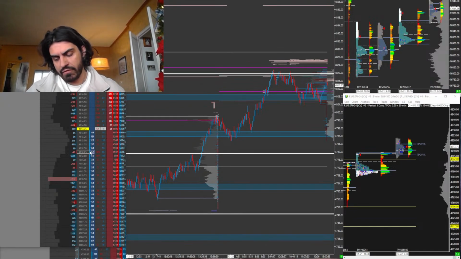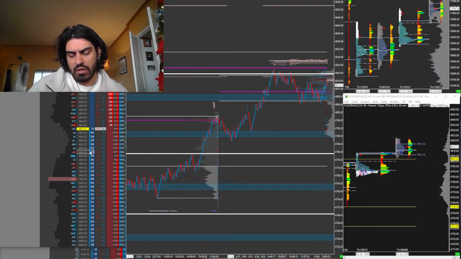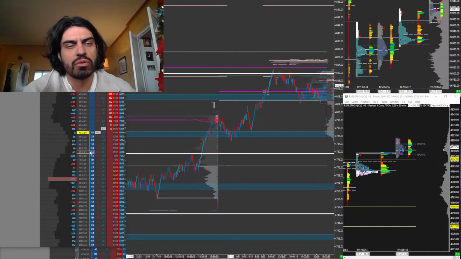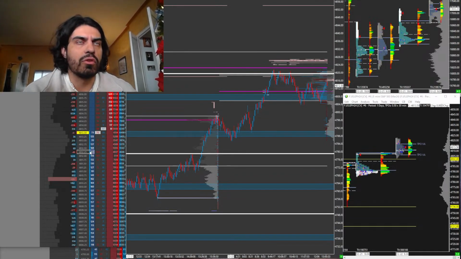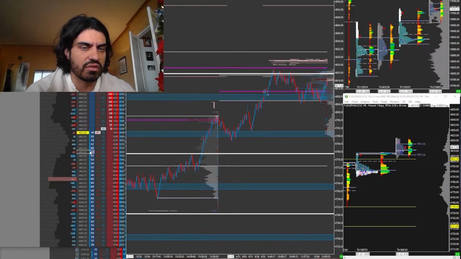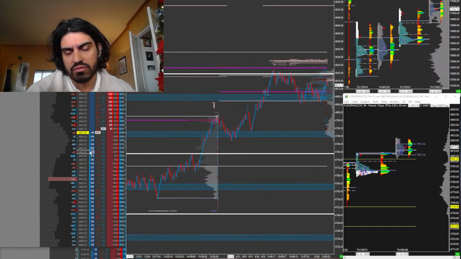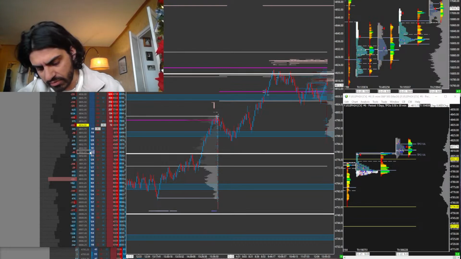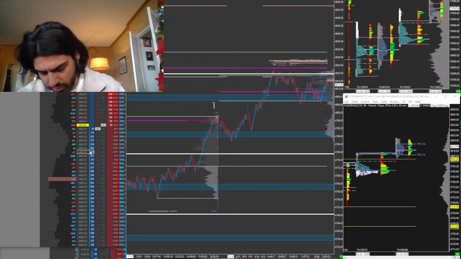Is there a DOM equivalent for options? The DOM equivalent, I wouldn't say for options. I would more so say you can get level 2 tape reading for stocks. Myself, the middle columns of the DOM: I have an option to clear interval in seconds and a checkbox for clear only touched prices.